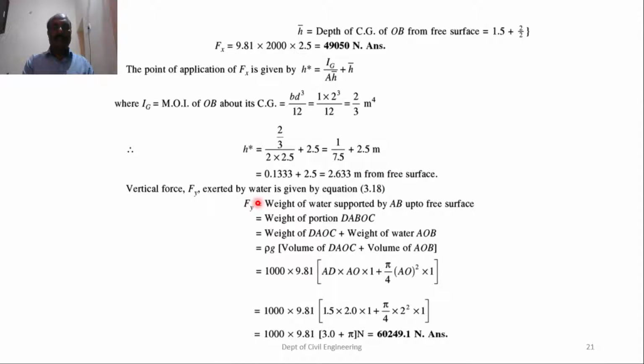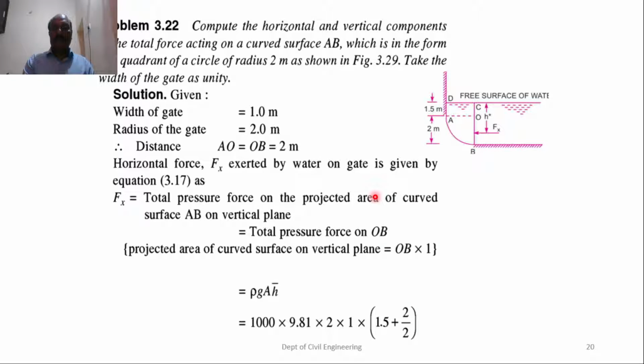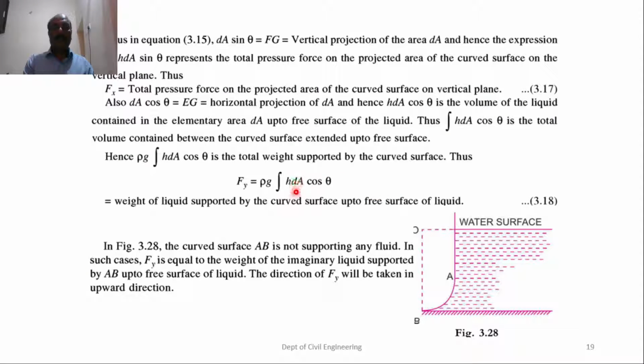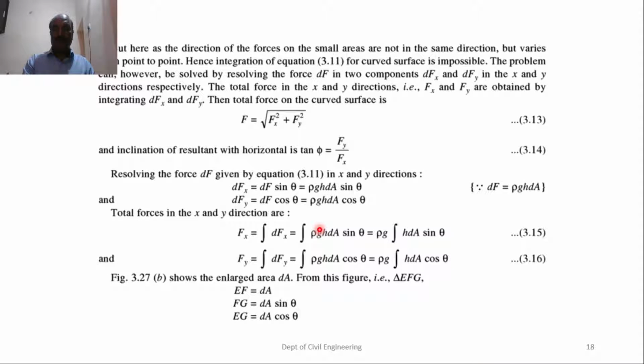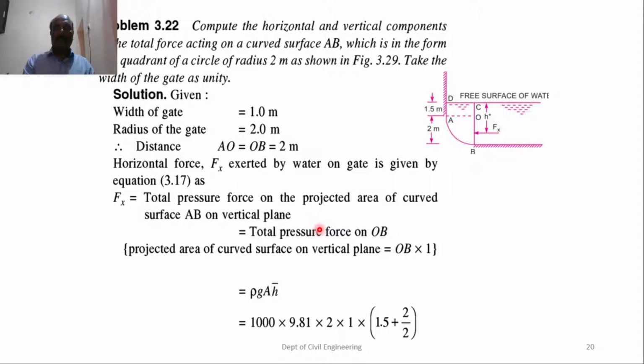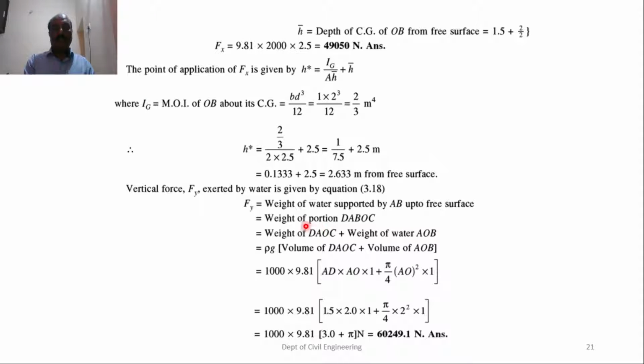The vertical force Fy exerted by the water is given by equation 3.18. Fy is the weight of the water supported by AB up to the free surface.